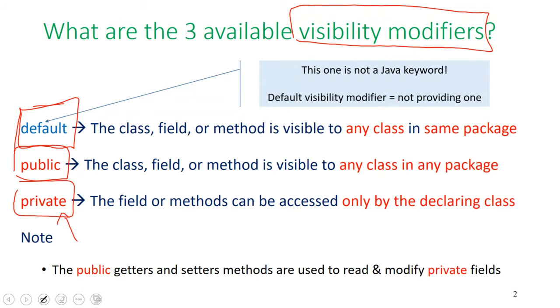The default visibility modifier, when you don't specify private or public, means this attribute or this method is visible to other classes, but they have to be in the same package. I already mentioned that the concept of package is not something that we're going to explore a lot in this class, but I'm going to mention it during this lecture.